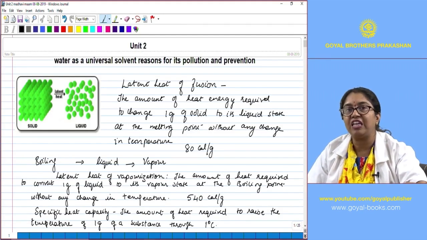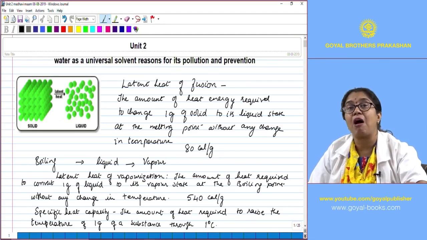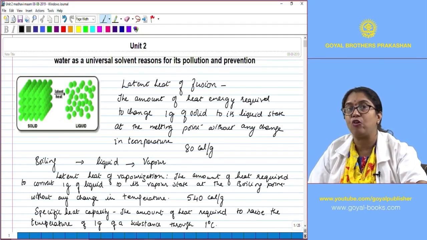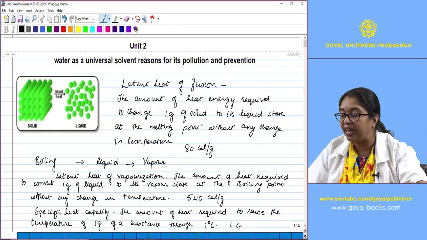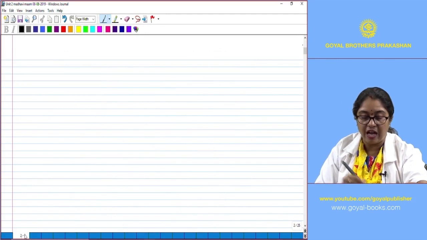Now, the specific heat capacity of water is very, very high. That is, water has the ability to take in a lot of heat energy without bringing about a remarkable change in its temperature. The specific heat capacity of water is 1 calorie per gram degree Celsius, and this is very, very high, children.